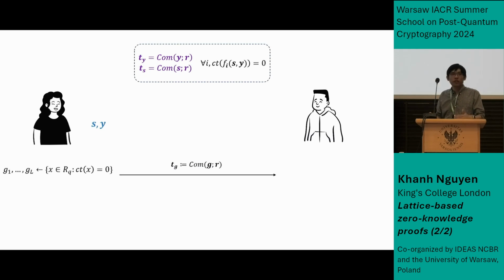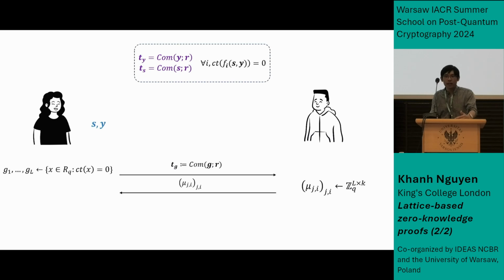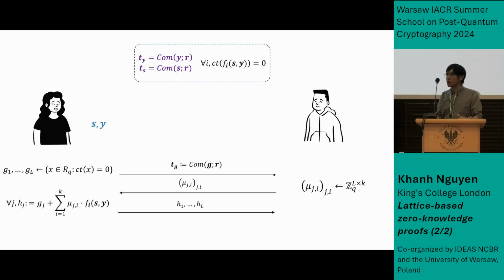So then what's the protocol now? The protocol will be that I commit to these masks, G_1 up to G_L. I'm using the same R, as I said. The verifier outputs all these challenges, random mu_ji. And then I compute all these h_j, which are g_j plus the linear combination, and I output them.